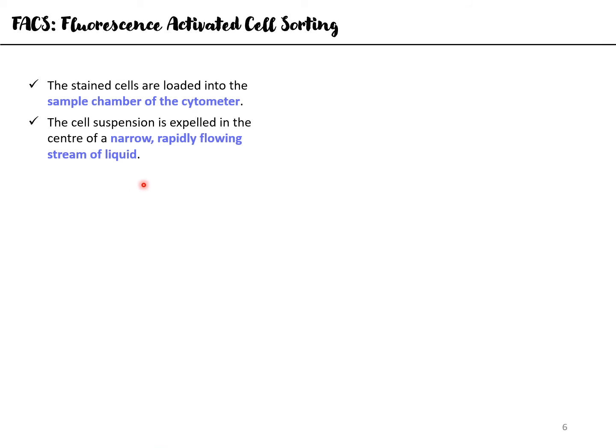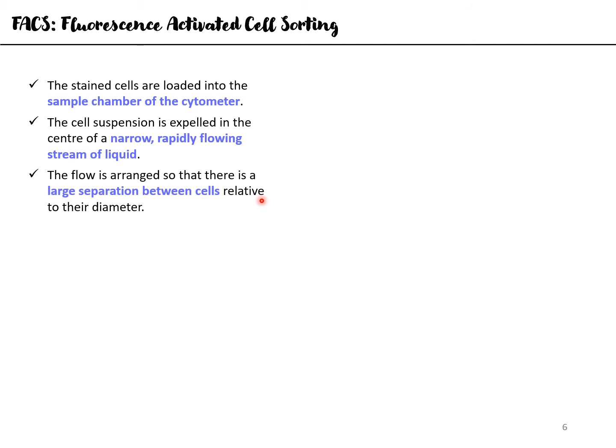So the suspension is expelled in the center of a narrow, rapidly flowing stream of liquid, and it is expelled such that at a time only a single cell passes through, because this stream passes through a very fine capillary which is so thin that only a single cell can pass at a time.